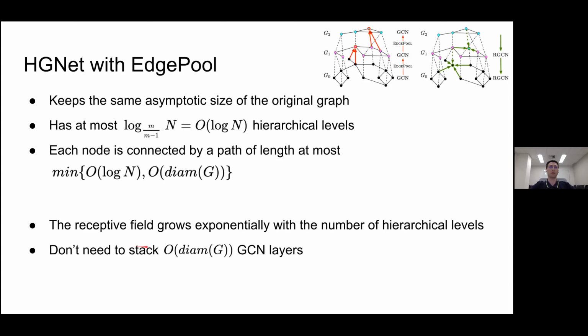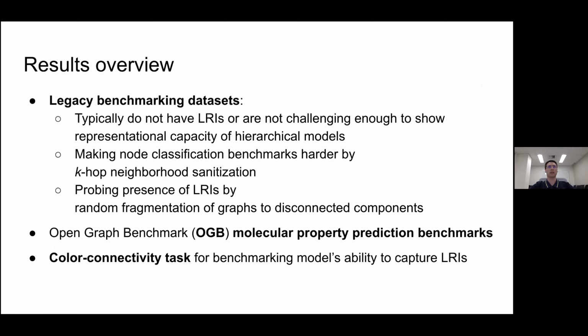So we don't need to stack a number of GCN layers equivalent to the diameter of the graph to really propagate the information through the entire graph. All right, so let's get to the experimental results.